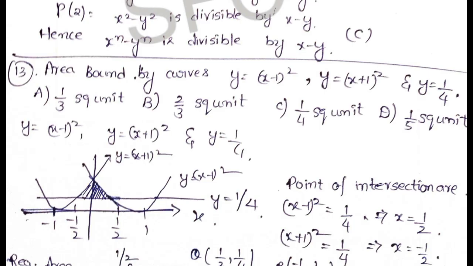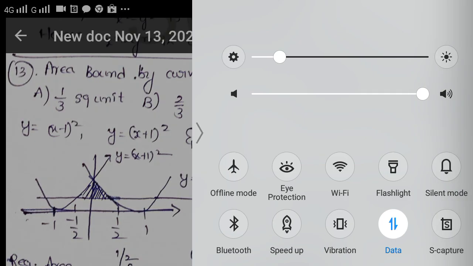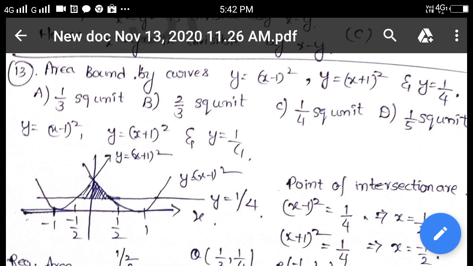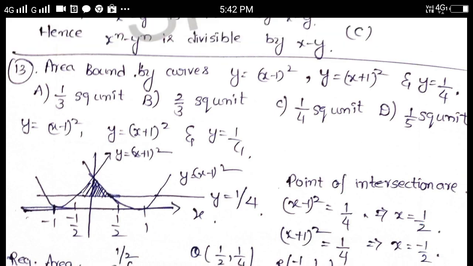The area bounded by y is equal to x minus 1 whole squared, y is equal to x plus 1 whole squared, and y is equal to 1 by 4. A 1 by 3 square unit, B 2 by 3, C 1 by 4, and D 1 by 5.